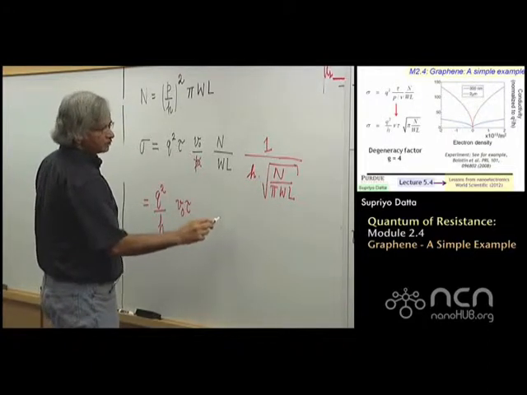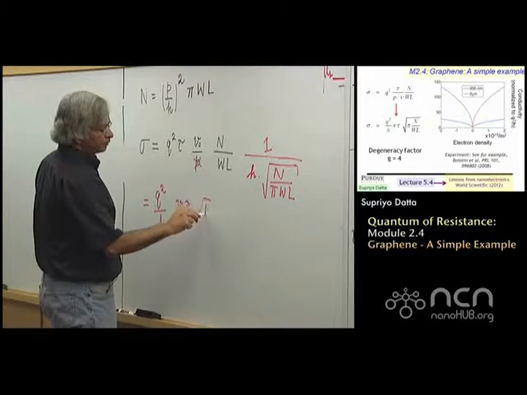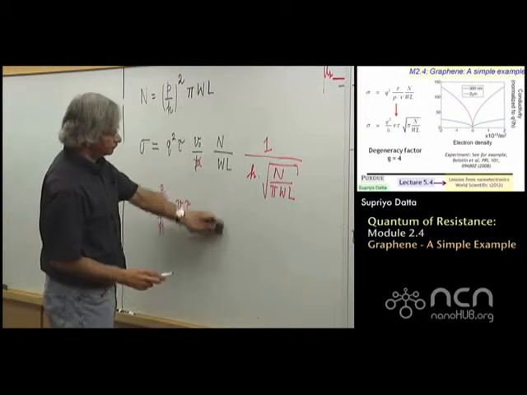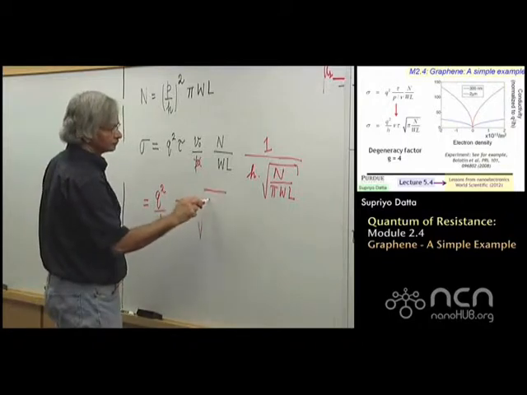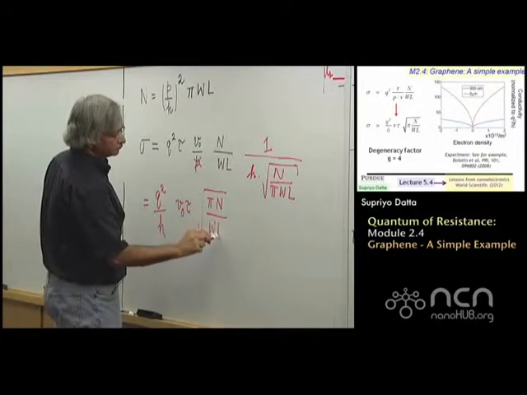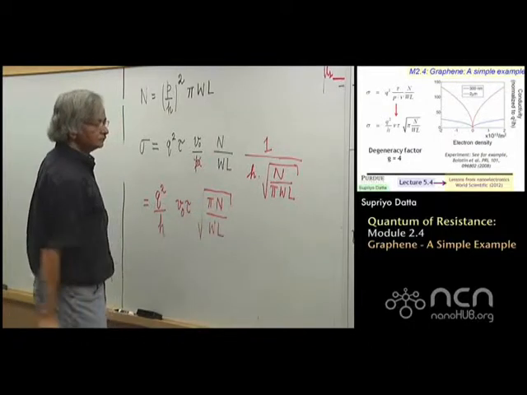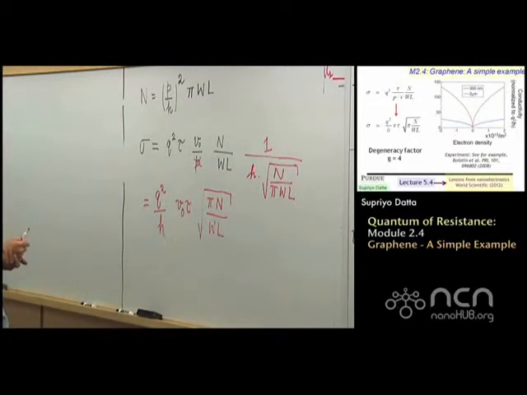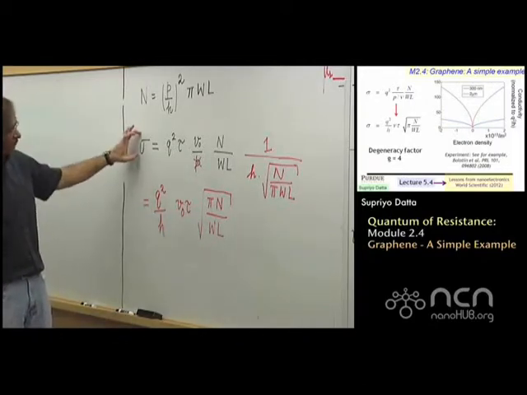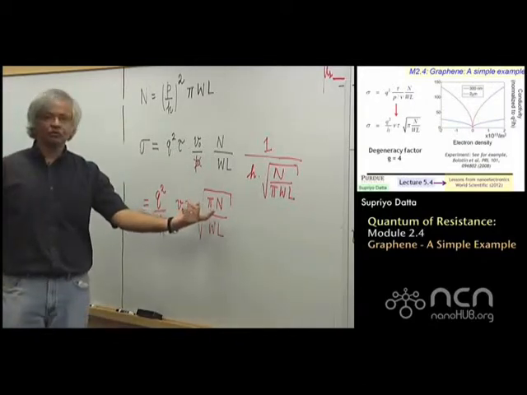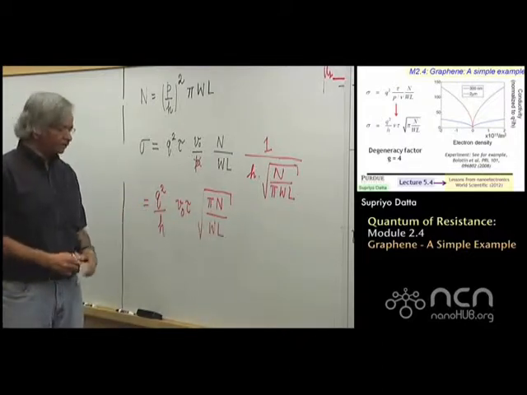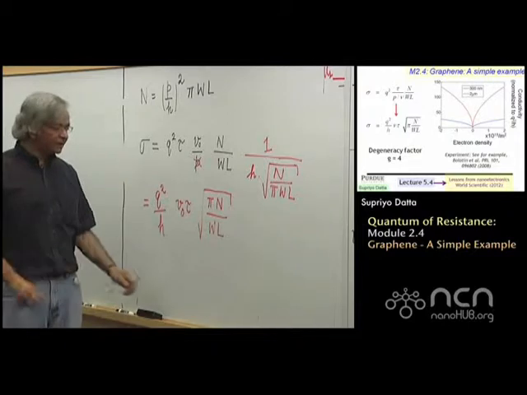So you get square root of pi times, let's write this. Yeah, I think I got all the factors. So that is basically it. So sigma is proportional to the square root of electron density rather than directly proportional to electron density.